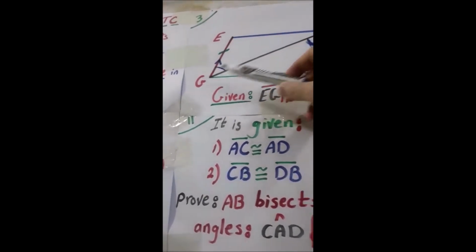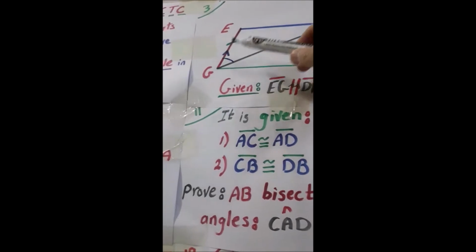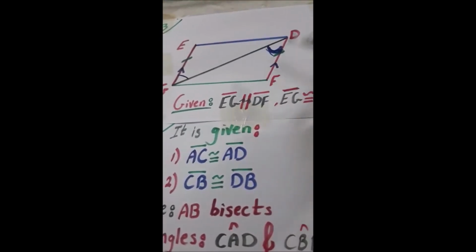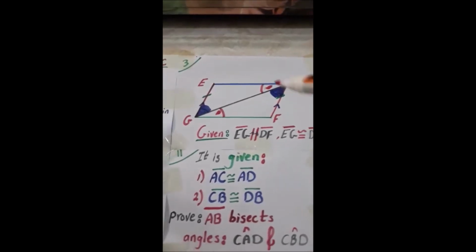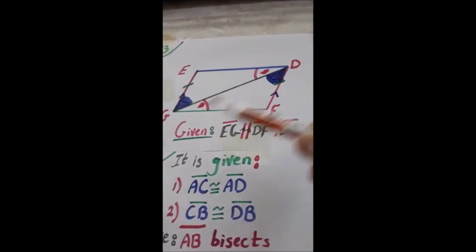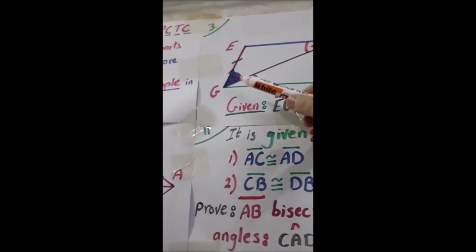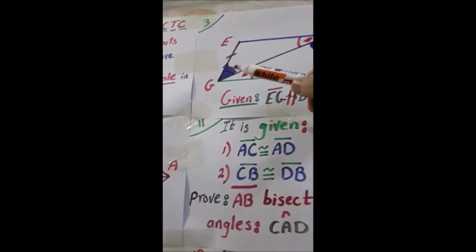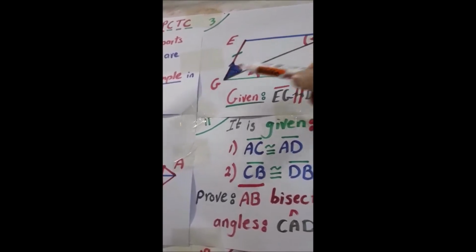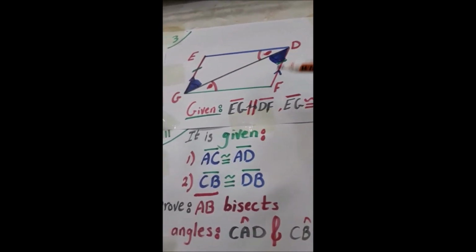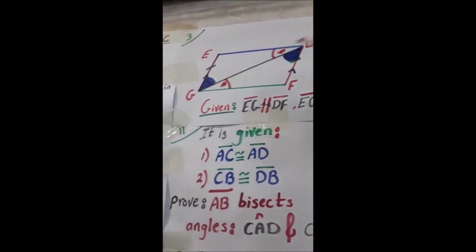The angle EGD is included between the sides EG and GD, and the angle FDG is included between the sides FD and GD.